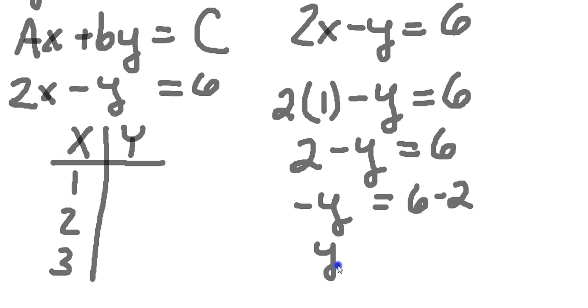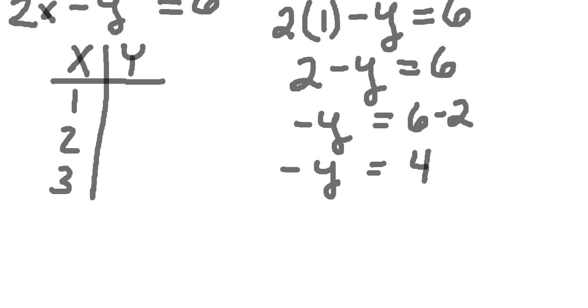So negative y equals 4, which is 6 minus 2. But now we have a negative y, so we need to multiply each side by negative 1 to get that y to a positive.